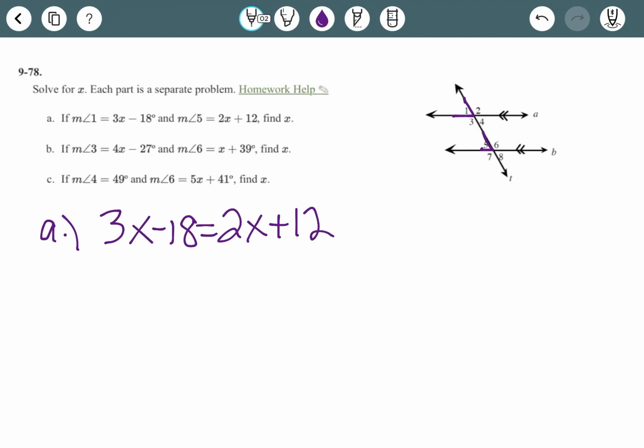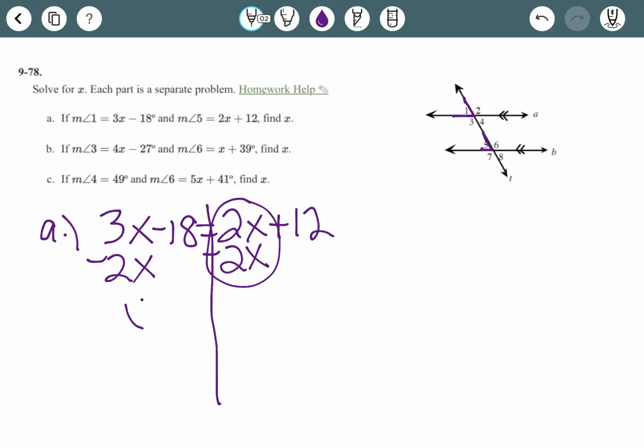And I do think probably with this, the hardest part is getting that equation. So once we have this equation, it should be no trouble. We're going to solve this like any other equation. I would try to get the variable on one side, so I'm going to subtract 2x from here and 2x from here.